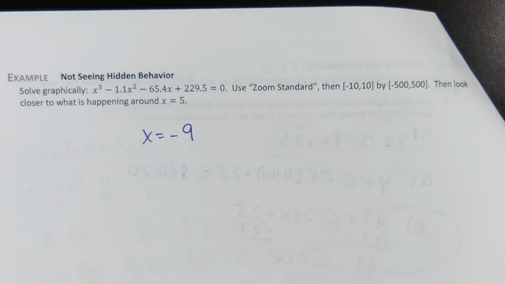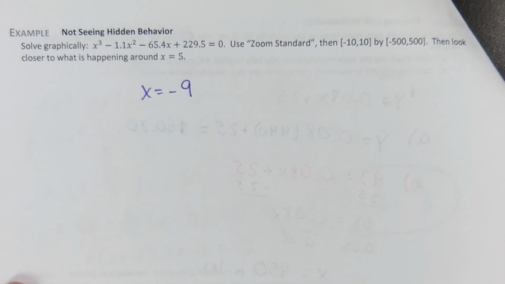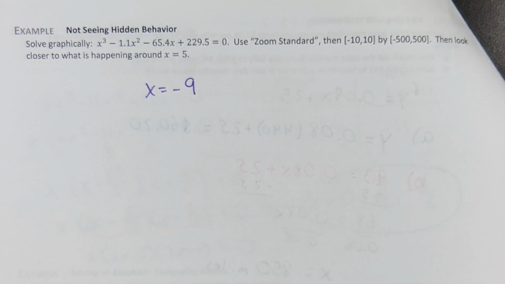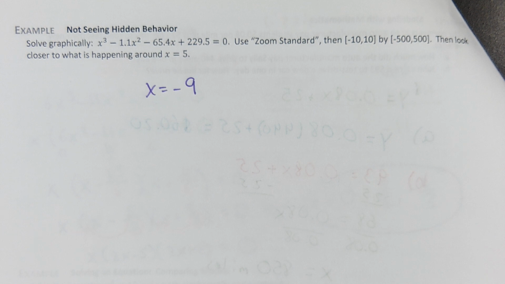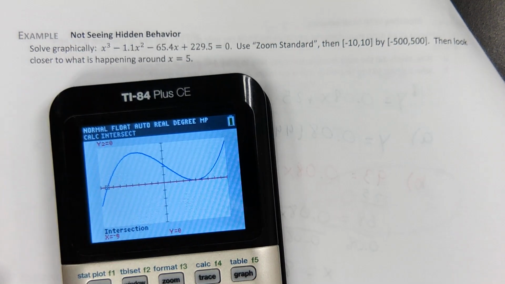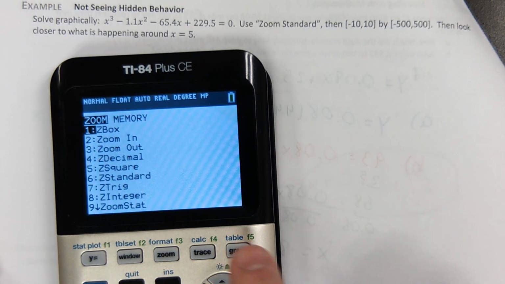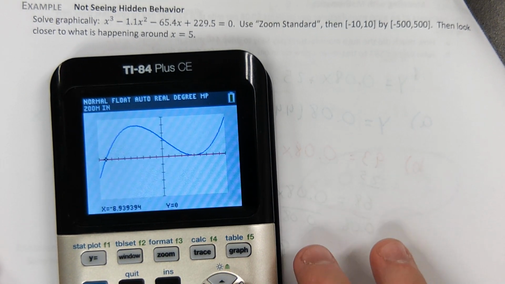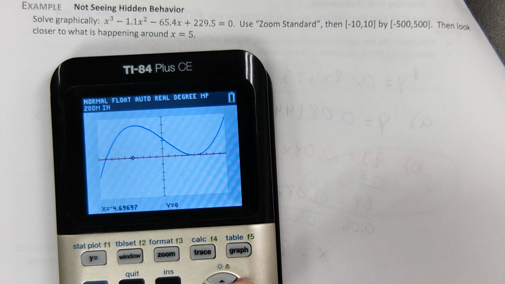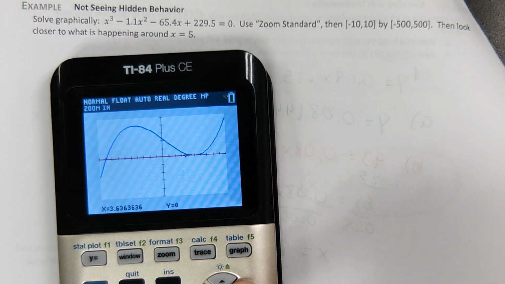Oh, okay. But you notice there's more directions. It says, then look closer at what is happening around x equals 5. Okay, I'm going to hit zoom in, and I'm going to scroll over to 5. And I'm going to see what's going on around x equals 5.